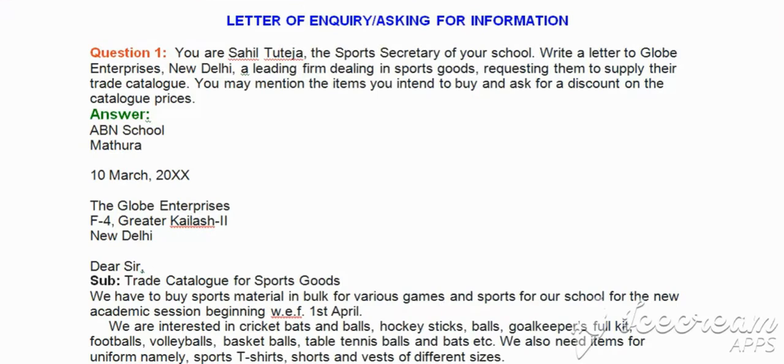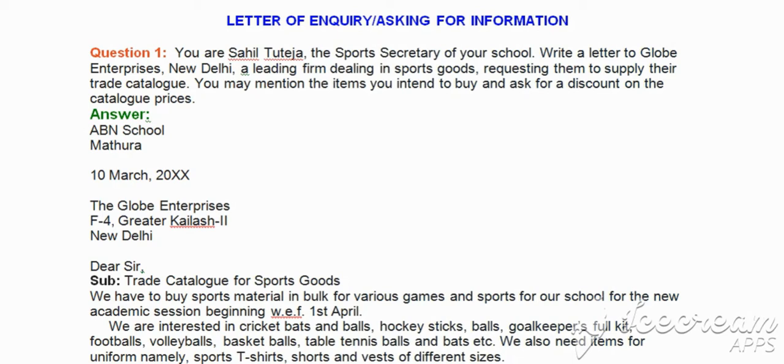Now I have some sample letters of enquiry and asking for information. You can see the first question. Here you are writing a letter to a particular enterprise for requesting sports goods.